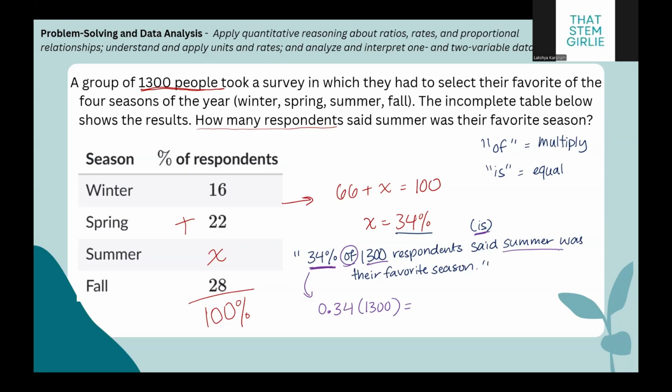So this is the answer that we're looking for, the number of people. Now all I have to do is multiply 0.34 times 1,300, which will be 442. So this is telling you that 442 respondents said that summer was their favorite season.